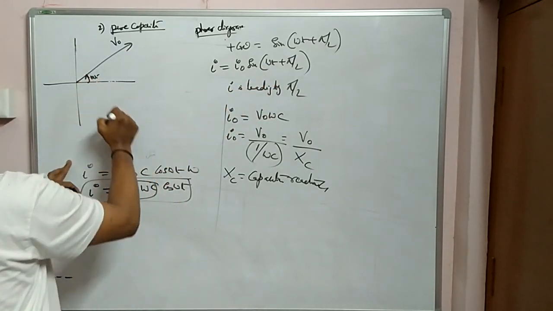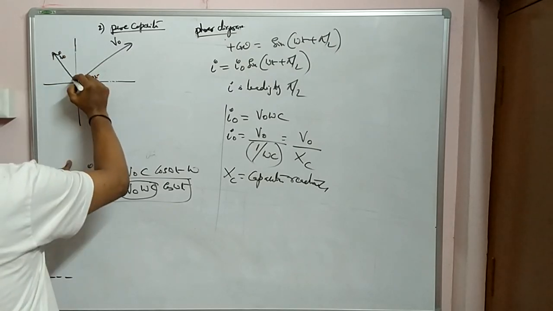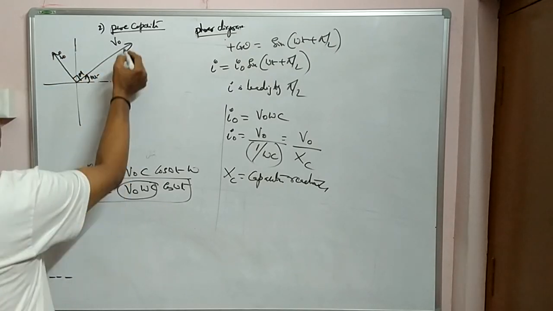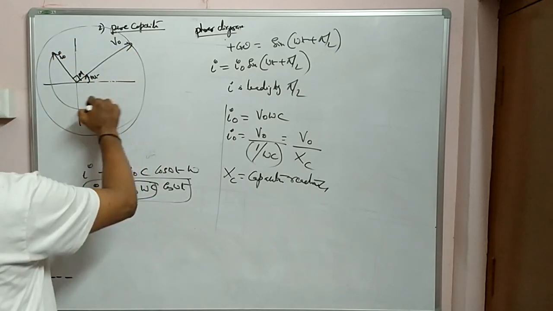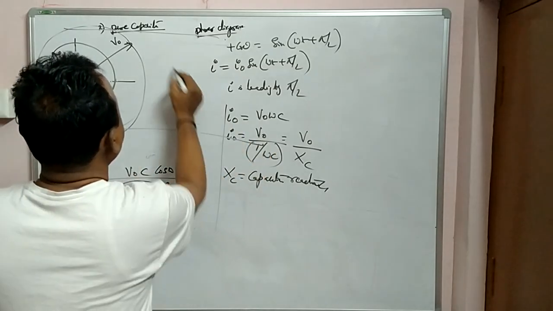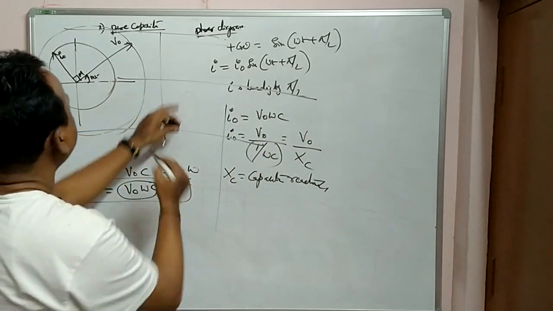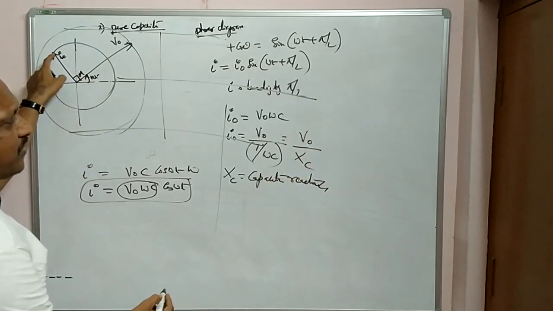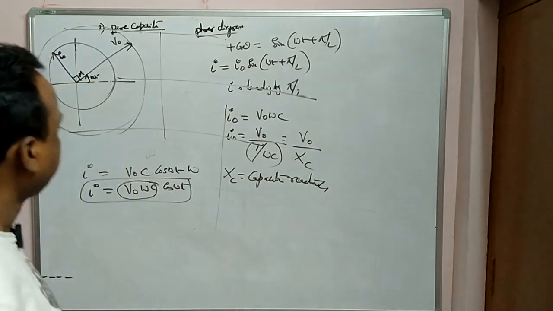So here it comes in front. It will go like this, I0. It is leading by pi by 2. So the rotating vector I will draw the figure like this, and this also will draw like this. Again the graph will be going like this, maximum and minimum. Again sin 0, you will get the graph. That's the point. Same thing again. Clear? Right.